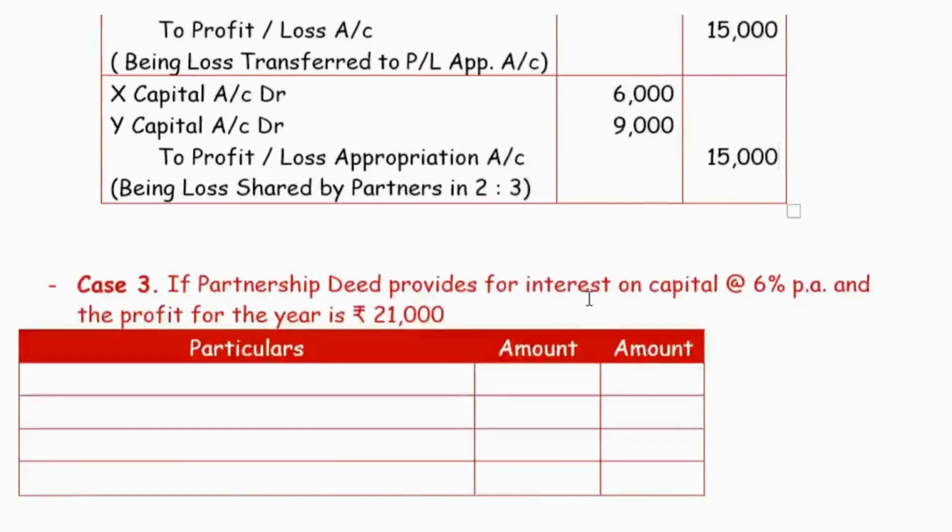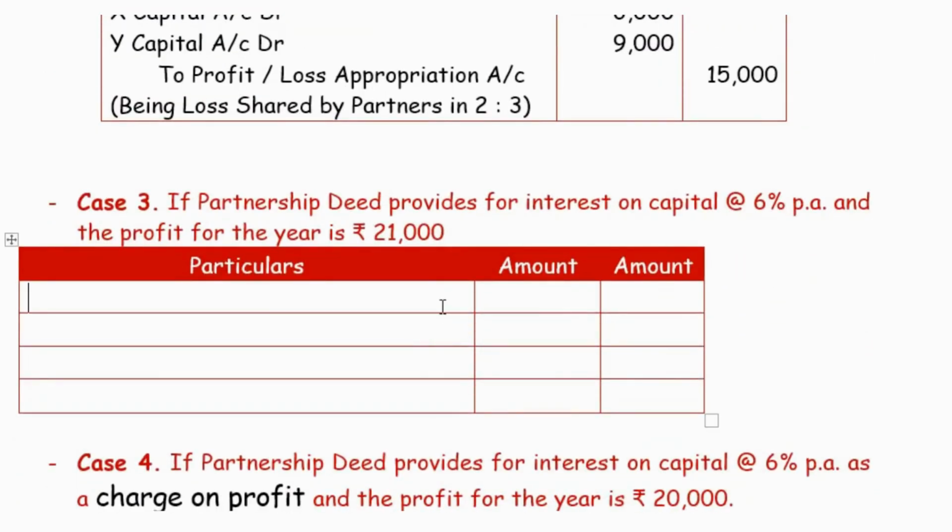Now, the third situation is that the partnership deed provides an interest on capital of 6%, and there is an available divisible profit of 21,000.